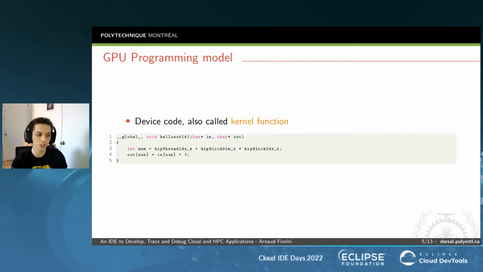It's a bit different from what we typically see for CPUs. Instead, when we want to run a program on a lot of data on CPU hardware, we would write a loop and then execute the same code over and over again in the loop.